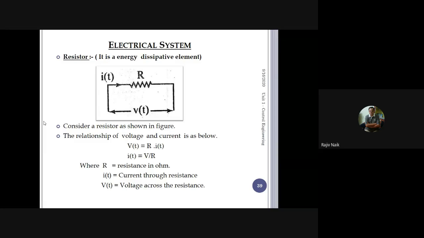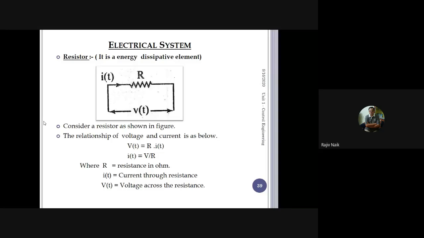In electrical circuits, we have what is known as charge in coulombs, Q. Charge is like a flow of electrons, so charge is like a displacement. The rate of change of charge, dq by dt, is nothing but the current I in amperes.